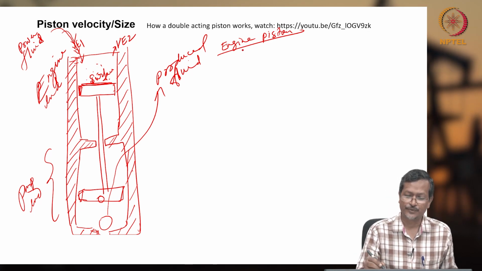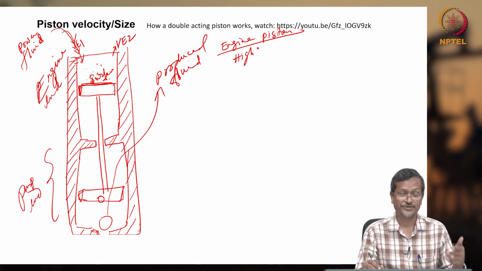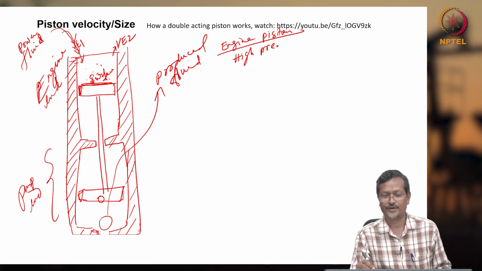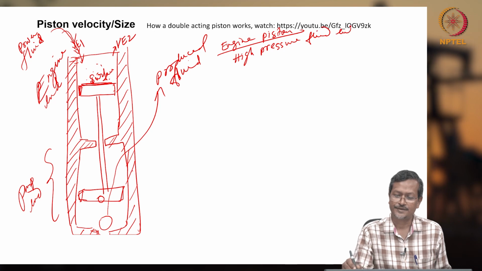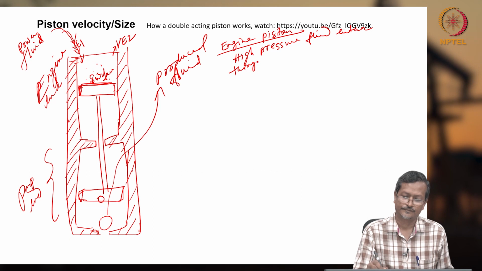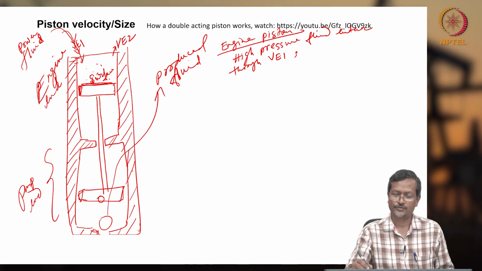What will we do? High pressure fluid is a power fluid, high pressure fluid or power fluid, or motive fluid also. Sometimes they say motive fluid. High pressure fluid enters through VE1. Okay, so what is happening?